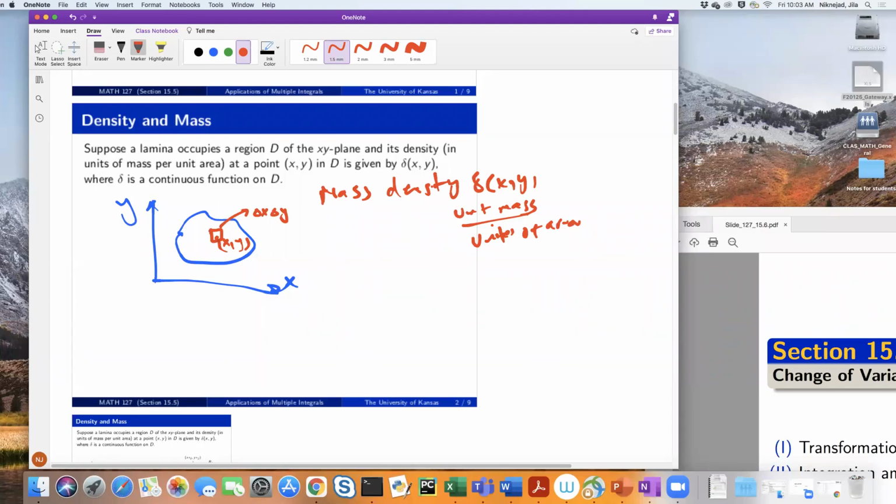So basically, that little piece of the lamina around X and Y, the mass density function times delta X delta Y gives you the small mass.